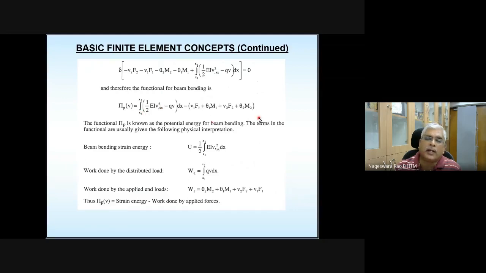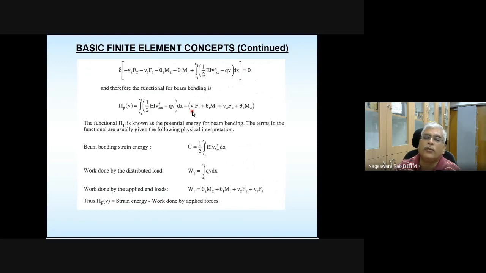If you recall what we did for the bar problem, once we got the potential energy functional, we substituted the finite element approximation of displacements, N transpose D, and the finite element approximation of the derivative of displacement, B transpose D. And then we simplified, and then we applied the stationarity conditions. Then only we got the finite element equation. Same procedure here.